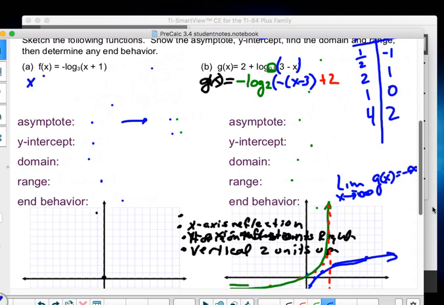Remember, your parent function is log base 3 of x.